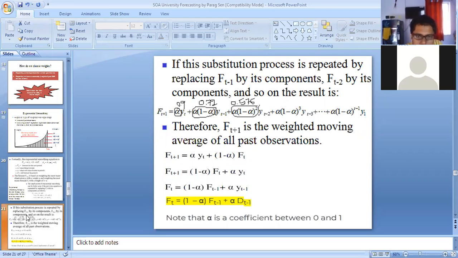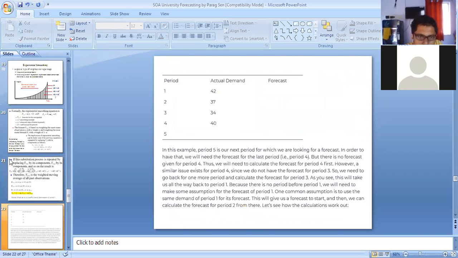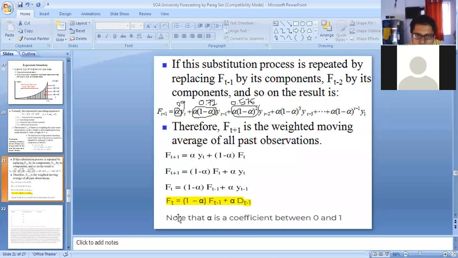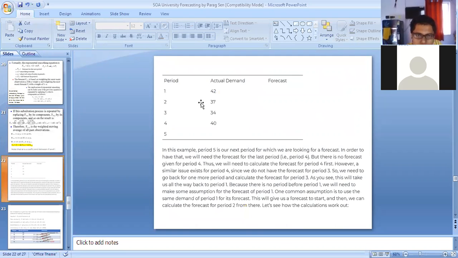So instead of F(t+1) you are putting here F(t). Now take a look at an example. Suppose you are given 4 periods of data. These are the actual demands.